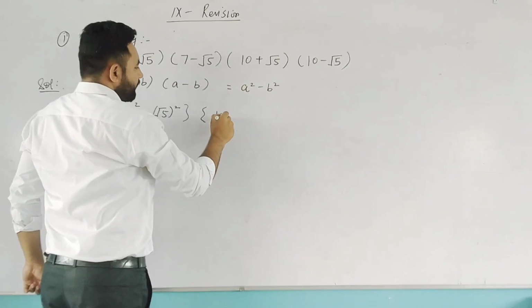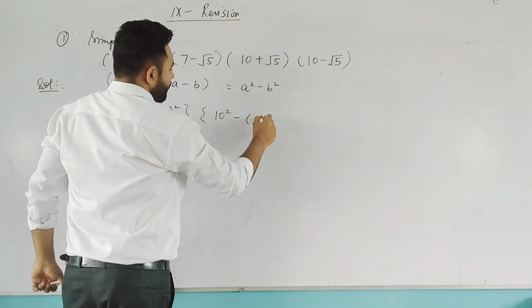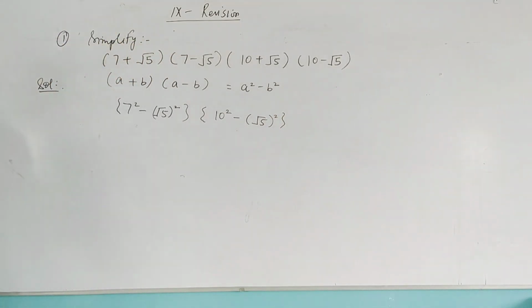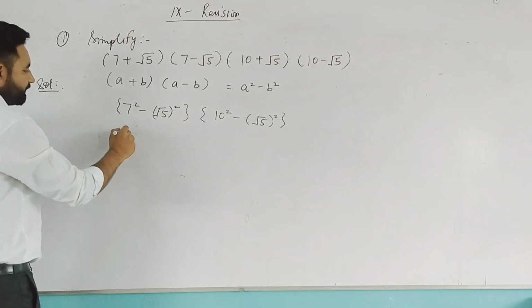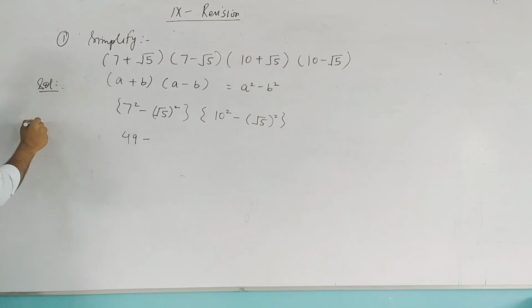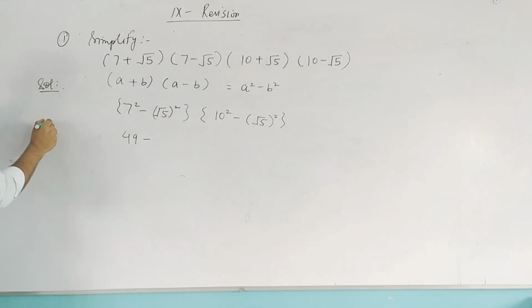Now, in the next bracket, we have 10 plus root 5 and 10 minus root 5, which also becomes 10 square minus root 5 square. We have applied this identity in both the brackets. Now here 7 square becomes 49 and root 5 square becomes 5. As you know, if you square root 5, it will be root 5 into root 5, which is equal to 5.